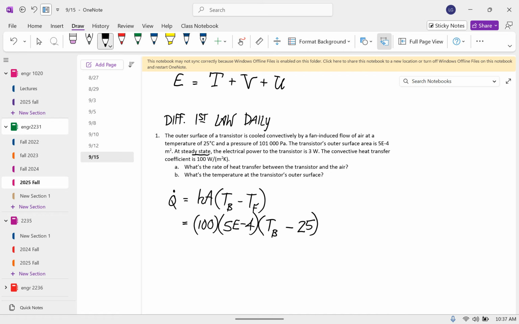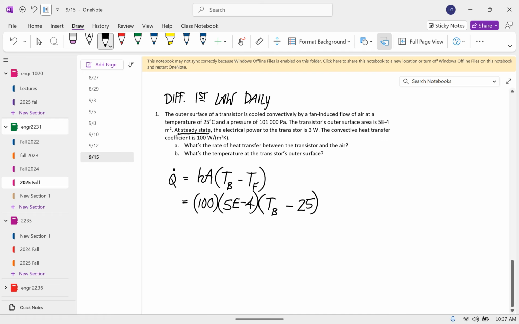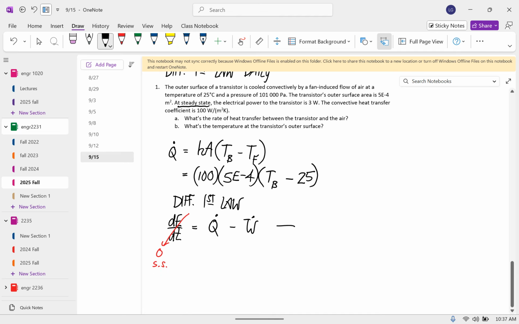We're told that it's steady state. And so the differential form of the first law says dE/dt is equal to Q dot minus W dot. And this is 0 because it's steady state. And so this equation just gives us that Q dot is equal to W dot.